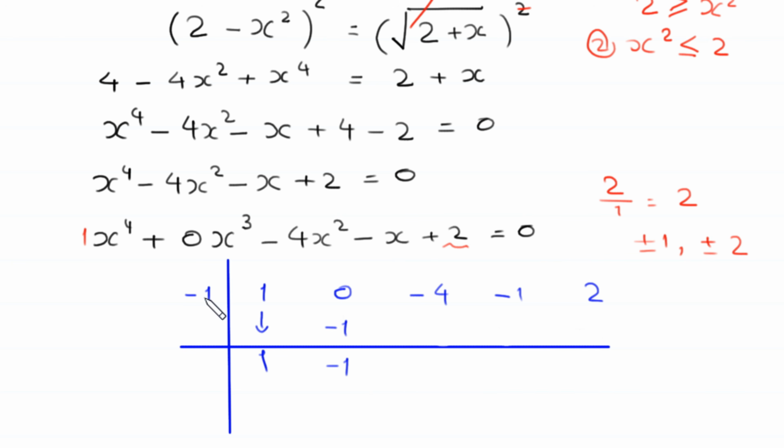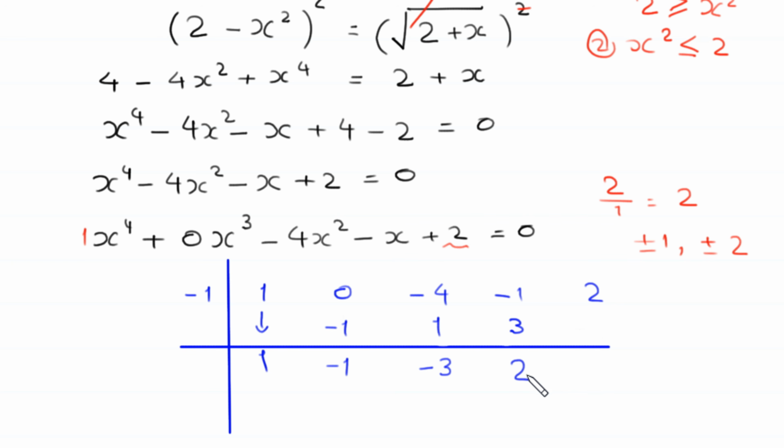Negative 1 times negative 1, positive 1. Negative 4 plus 1, negative 3. Now we multiply this negative 3 by this negative 1. Negative 3 times negative 1, positive 3. And we add these two numbers, negative 1 plus 3, positive 2.